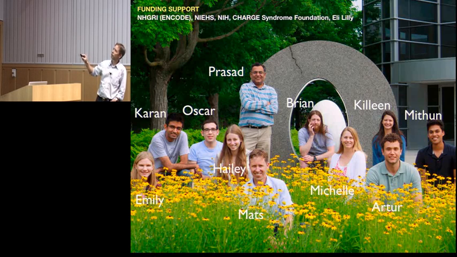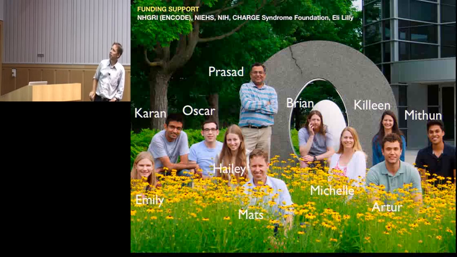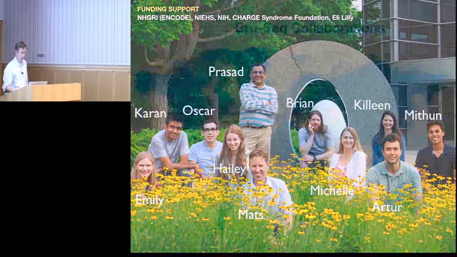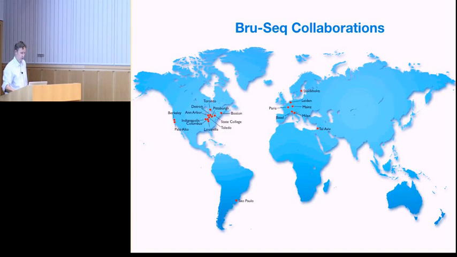Oscar and Masoon were two summer students, and Emily is another technician in the lab. Prasad has worked on the splicing project. And we're open to collaborations. We get calls all the time, and we collaborate with lots of people.